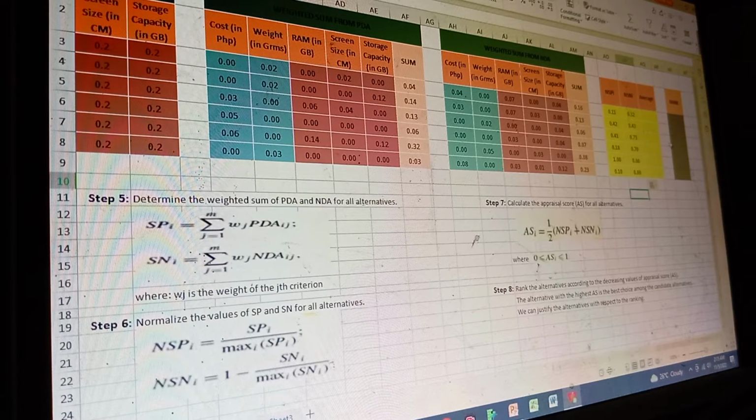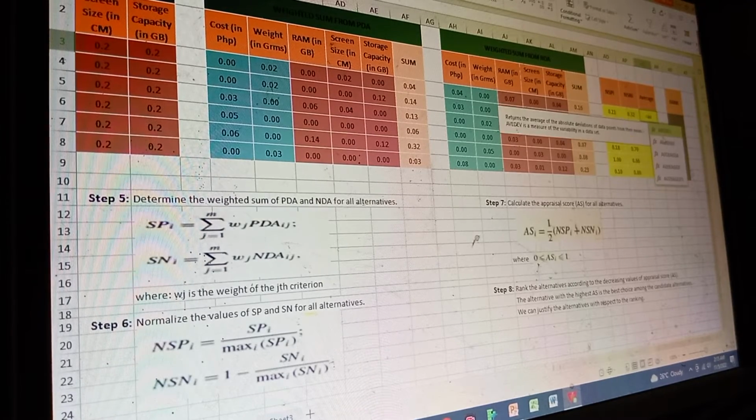So step 7: calculate the appraisal score AS for all alternatives. For this we will take the average of these two, the positive and the negative values of SP, so it is equal to average of these two.